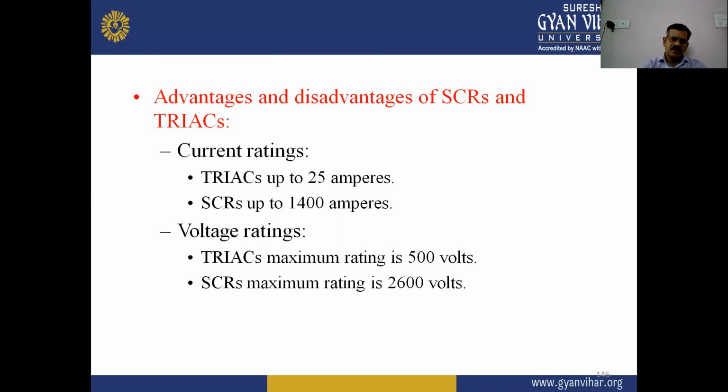The maximum voltage rating for the triac is 500 volts, but for the silicon controlled rectifier SCR the maximum rating is 2600 volts. So the current rating is 1400 amperes and the voltage rating is 2600 volts. So current rating and voltage rating are very high for SCRs as compared to triacs.